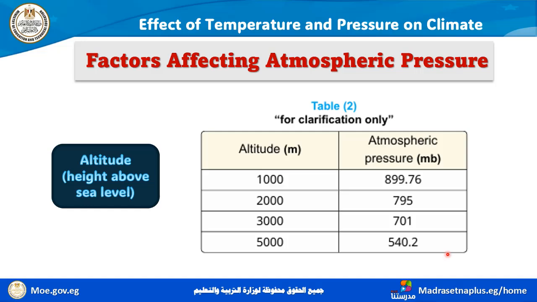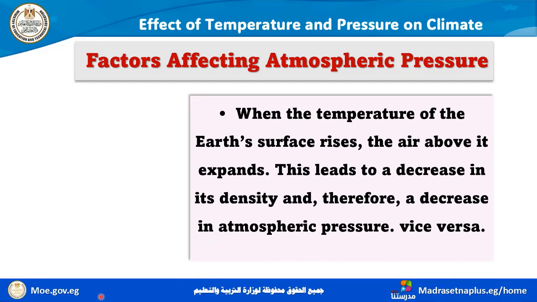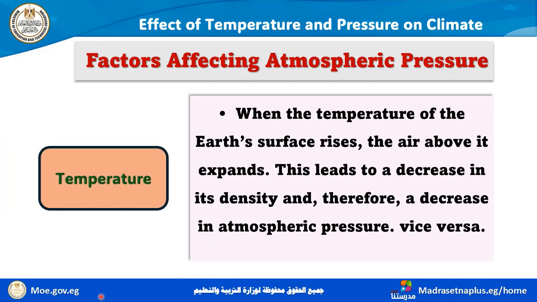So the atmospheric pressure decreases as the altitude increases, and it's of course an inverse relationship between the altitude above sea level and the atmospheric pressure.